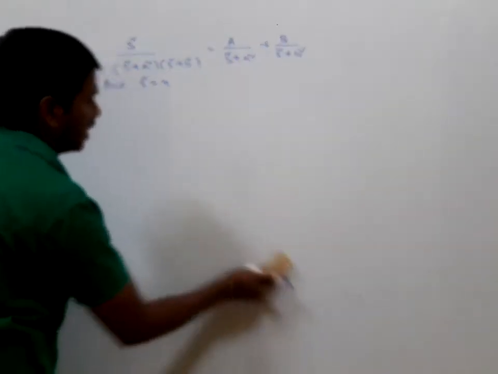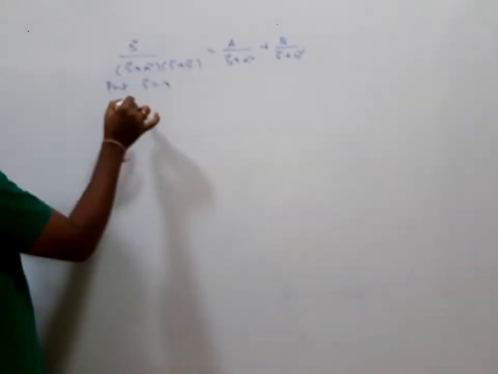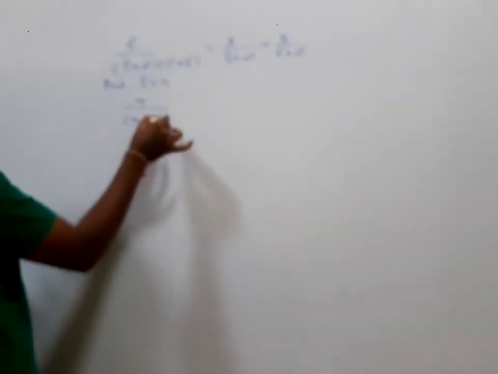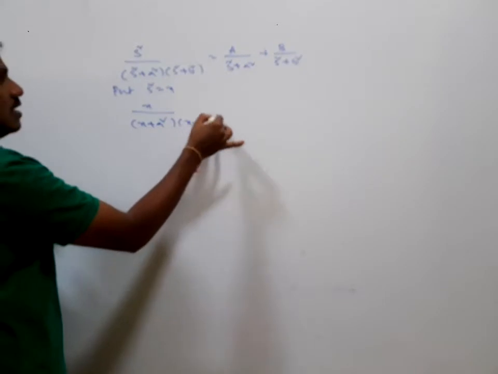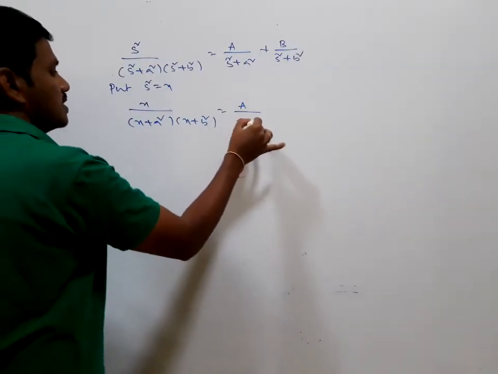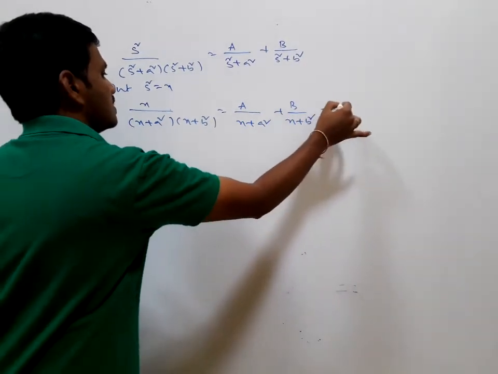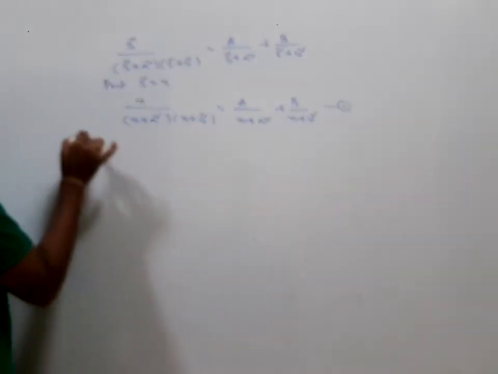So this equation becomes x divided by (x plus a square)(x plus b square) equals a divided by (x plus a square) plus b divided by (x plus b square). This is equation number 1.